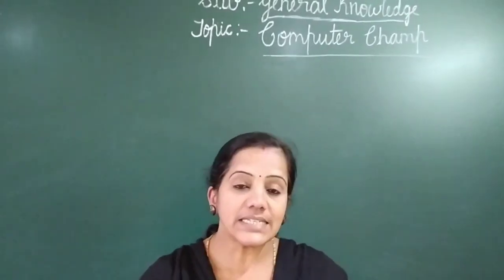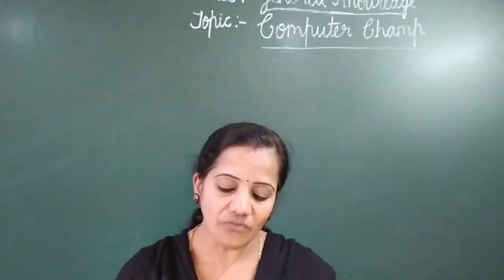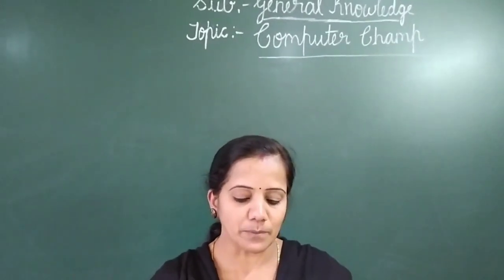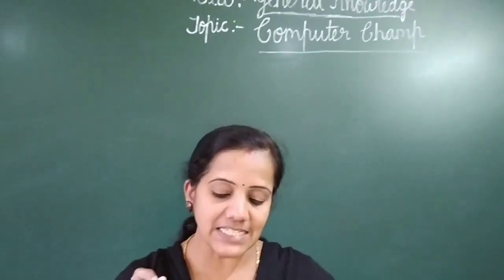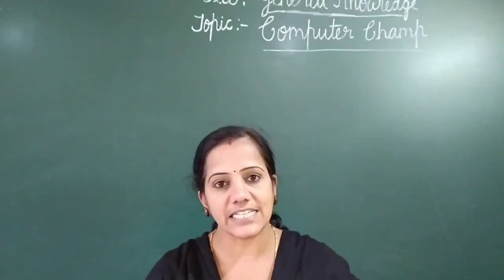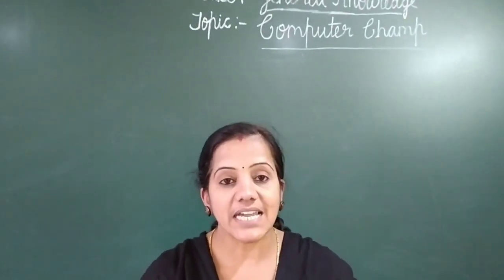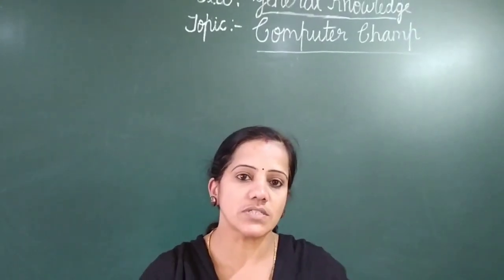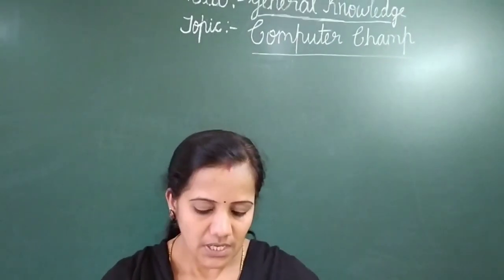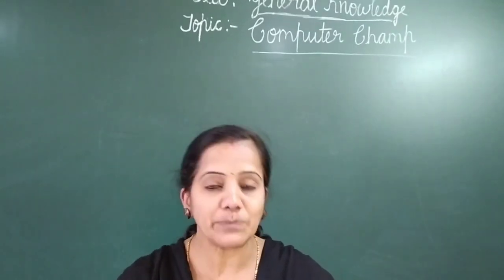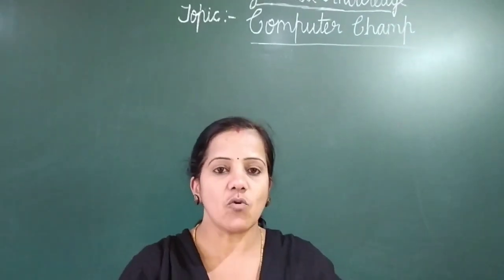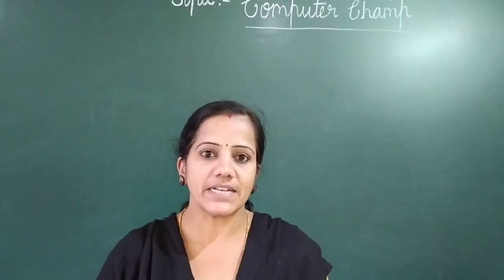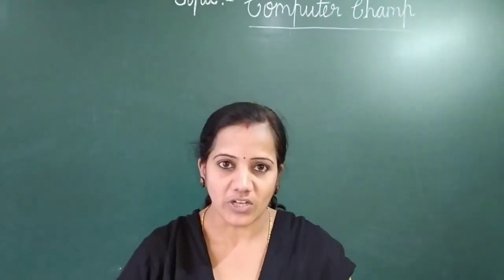First one: a display consisting of a device that takes signals from a computer and displays them on a CRT screen. CRT means cathode ray tube, a technology used in modern computers. Whatever command we give, where will it be displayed? It is on the monitor, right?